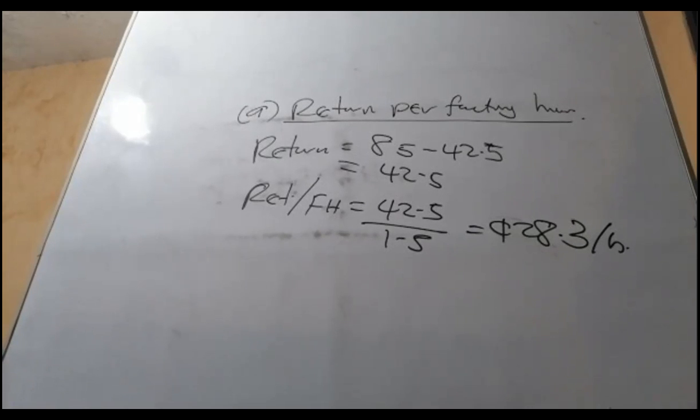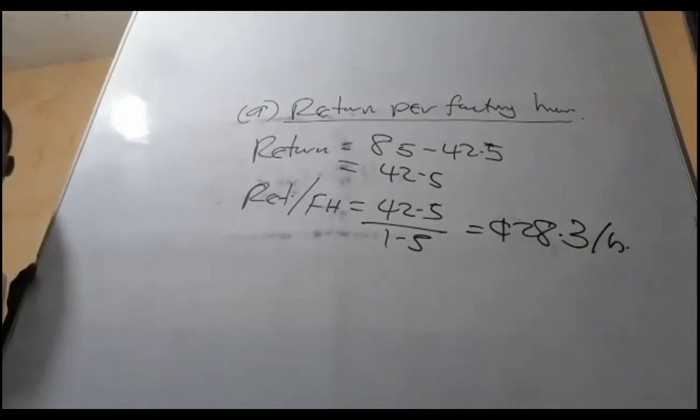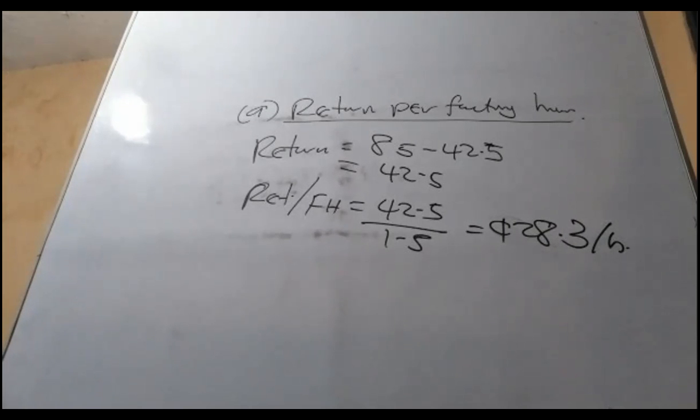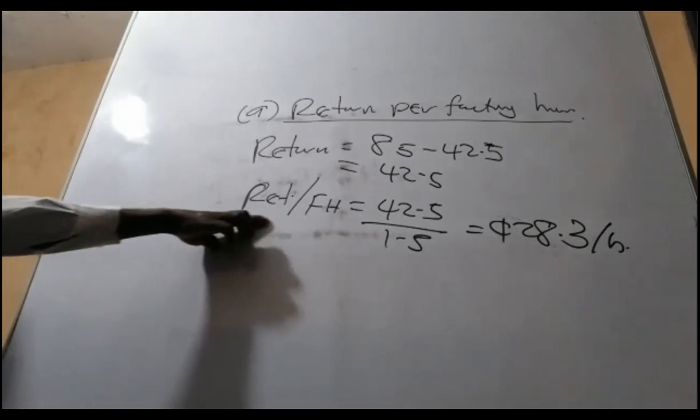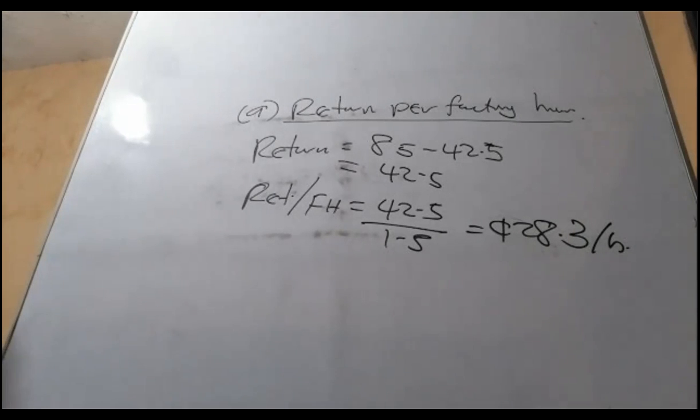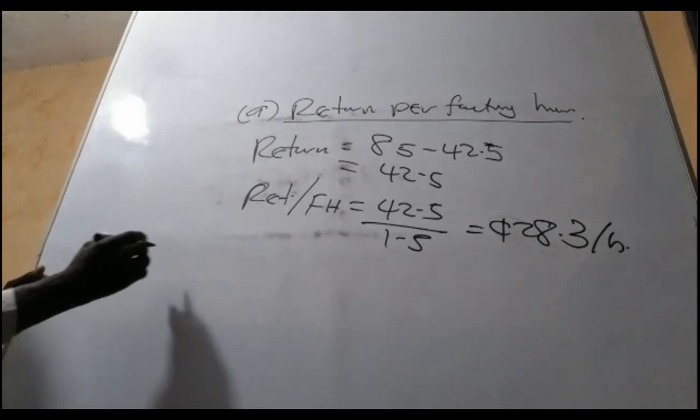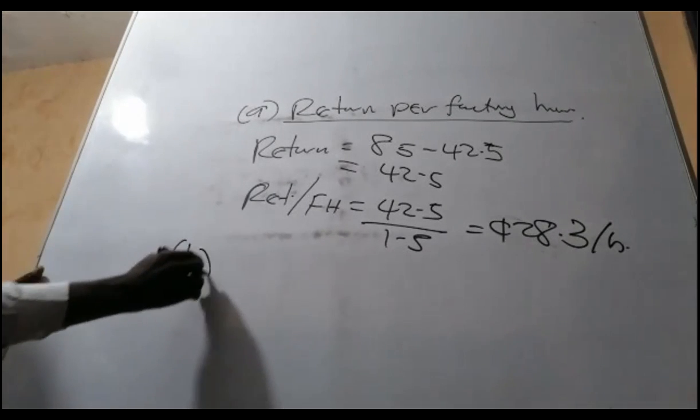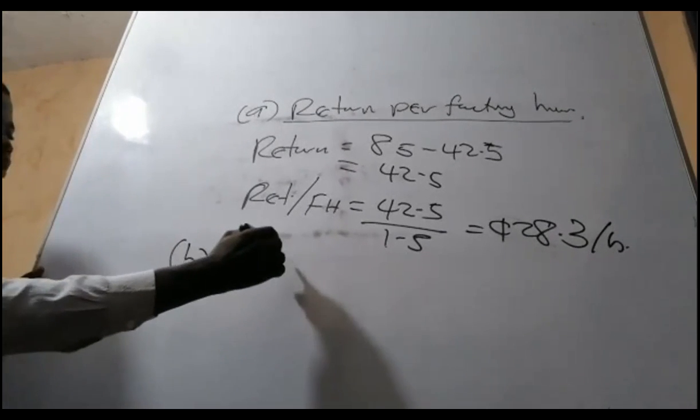It's limited to 40 hours in a week, but each limiting factor per unit, to produce a unit, we need 1.5 hours. So this is my throughput per limiting factor. That's 28.3.